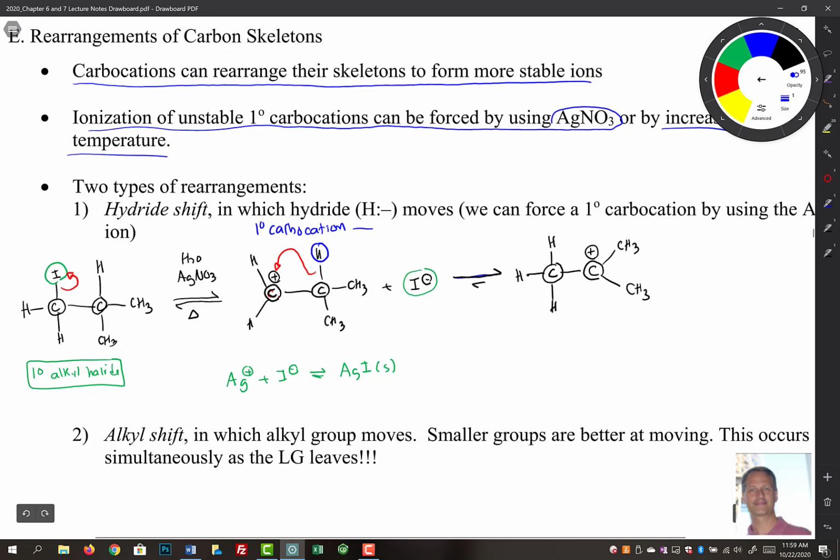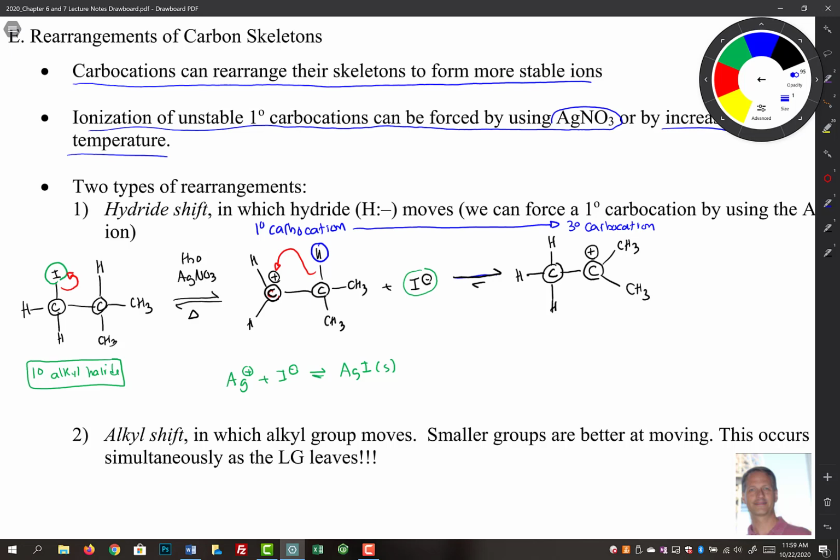So in effect, you've gone from a primary carbocation to a tertiary carbocation. That's a favorable thing, so we often see a shift that looks like this. For predictive purposes, let's assume that the shift occurs and that the more stable carbocation is the one that predominantly reacts. So that's our hydride shift.